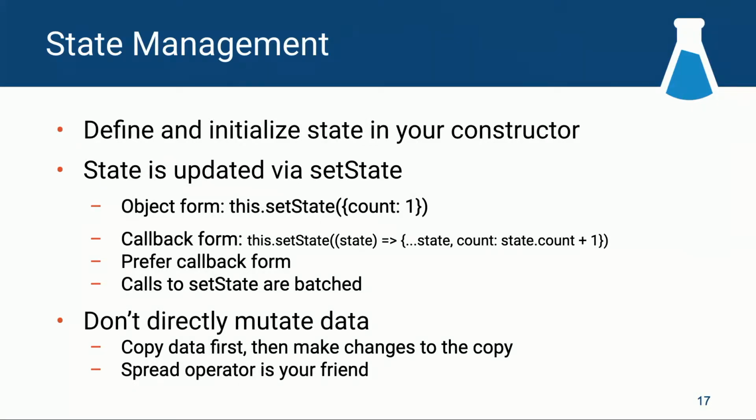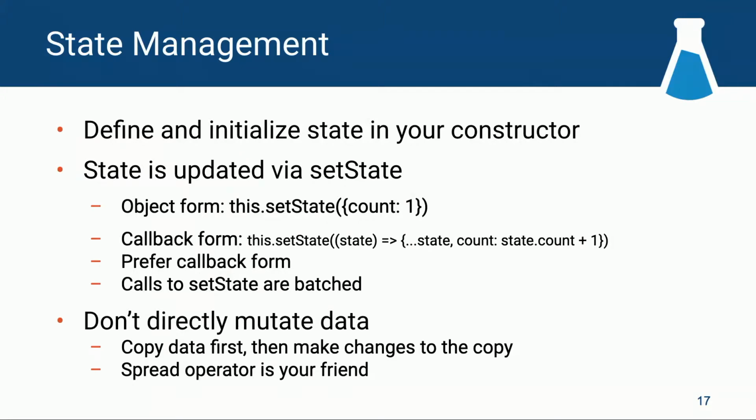It's a very, very common bug where people will use the object form, and inside the object form, when they say this.setState, and you see count, you'd say this.state.count plus 1 would be a bug here. In this form, because we have state, and this is definitely guaranteed to be the most current form of state, you want to use that to calculate it.